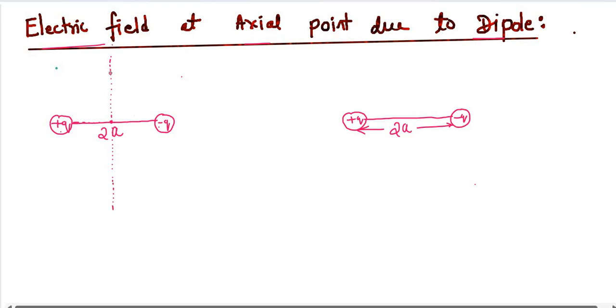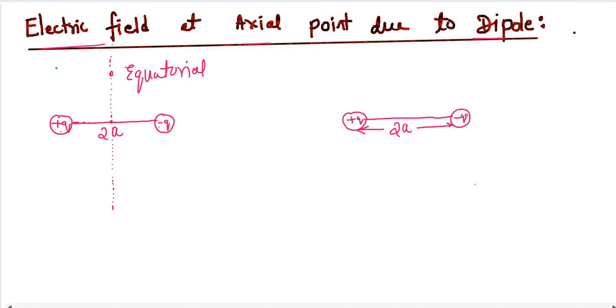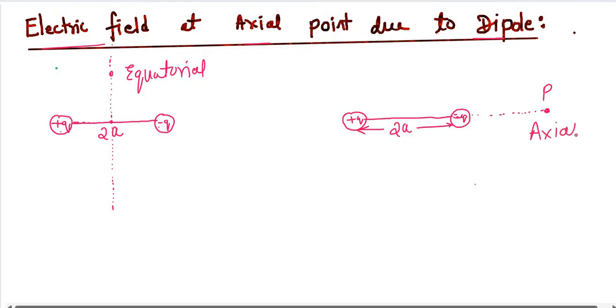If any point P is present on the straight line of the dipole, this point is called axial. Okay, this is clear.